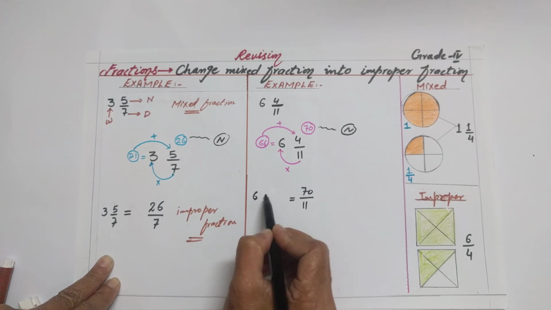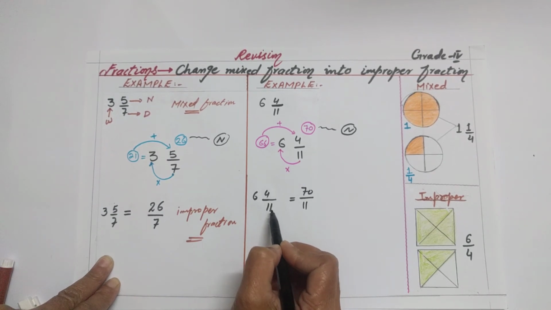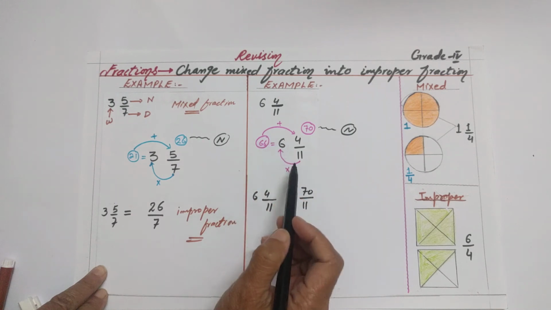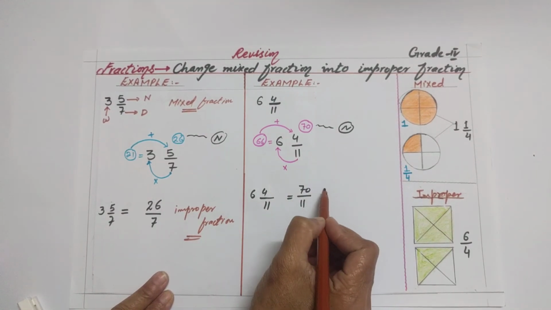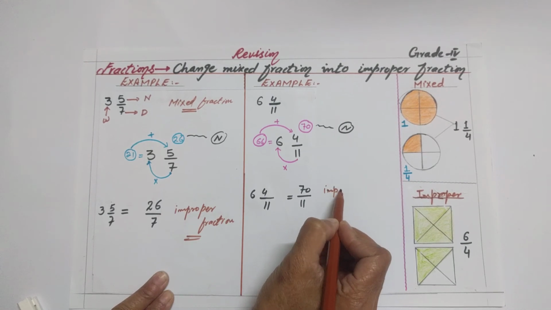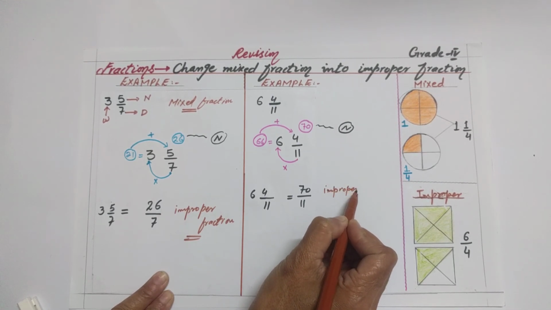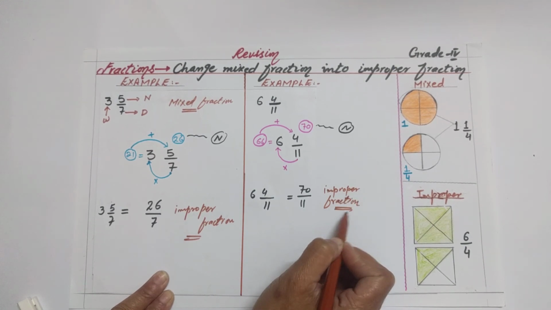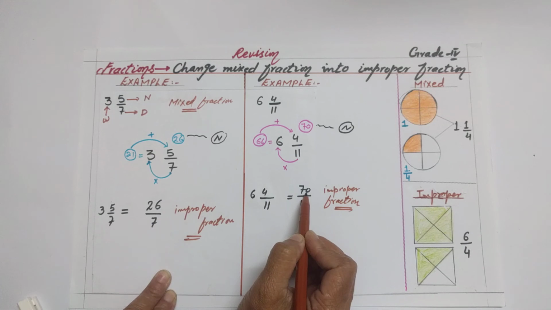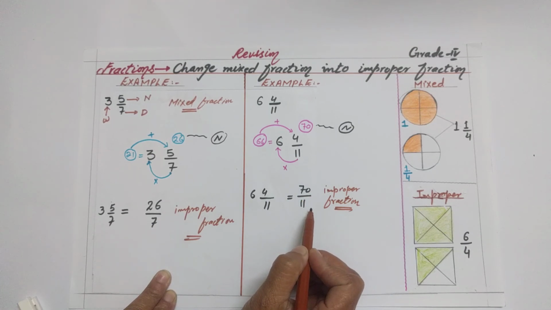The given mixed fraction was 6 and 4 by 11, and after converting it into an improper fraction we got 70 by 11. In 70 by 11, as you can see, 70 is greater than 11. That's why this is called an improper fraction, because the numerator 70 is greater than the denominator.